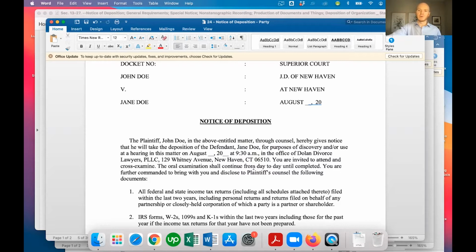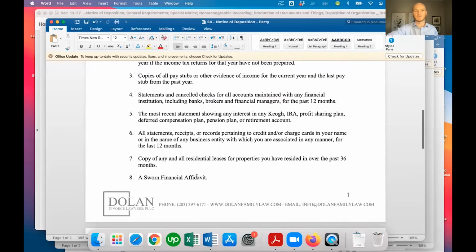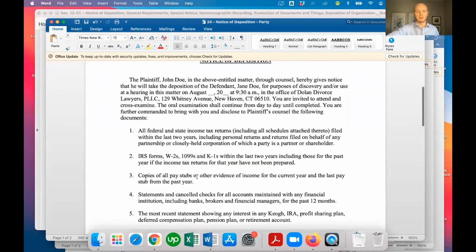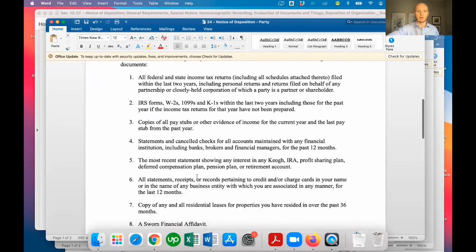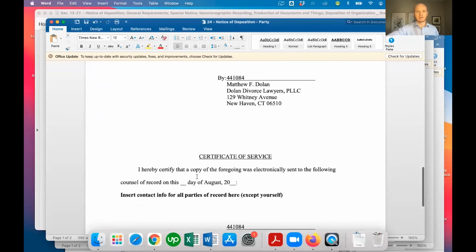And you're also going to include any documents that you're asking the opposing party to bring to the deposition. So that's something that's beneficial about a deposition. You can also order somebody to bring documents to the deposition. And then you're just going to list what all of those documents are, and then the standard certification.